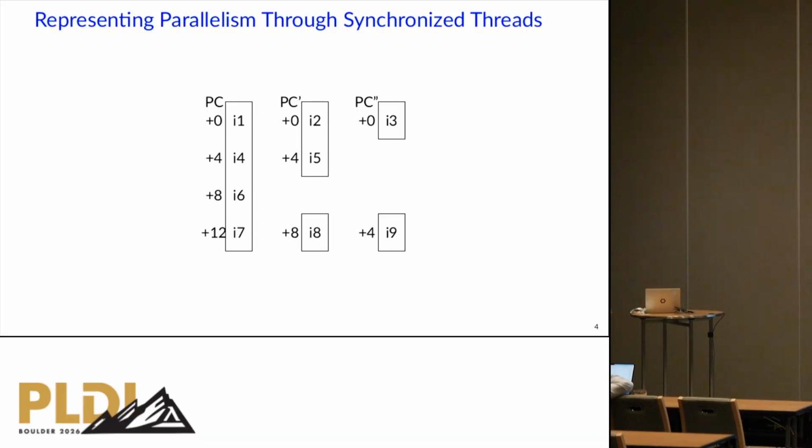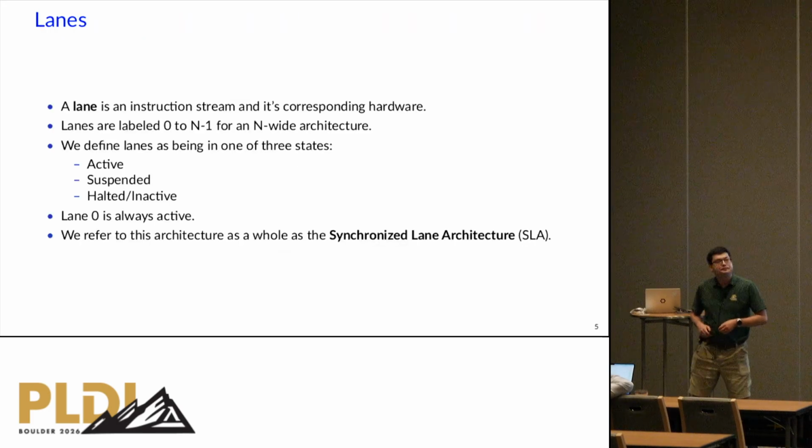At least, that's the hope. So what we're going to do is treat these individual pseudo-threads as a different stream, but each one is going to represent the parallelism that a VLIW would by using long instructions, instead using these synchronized threads.